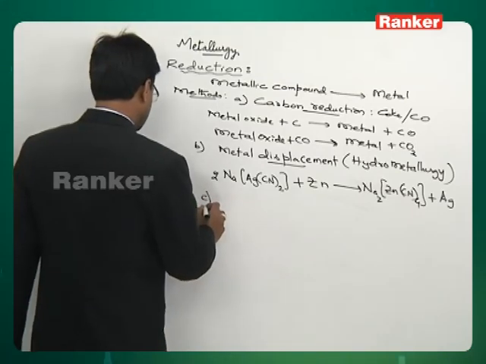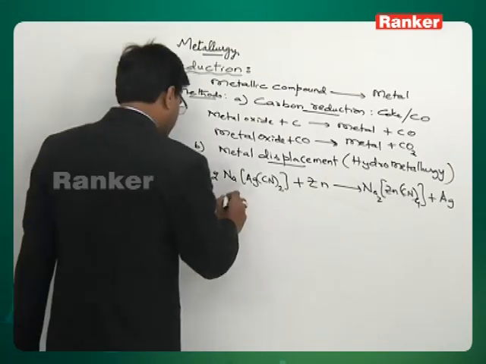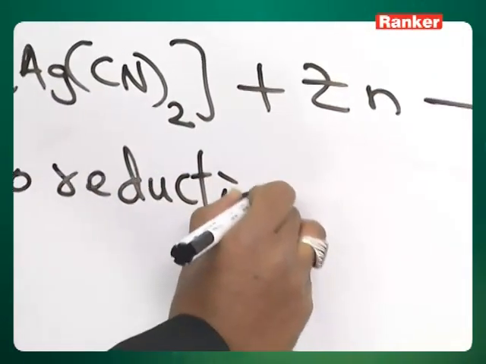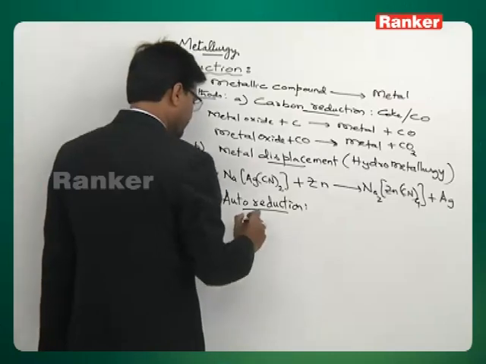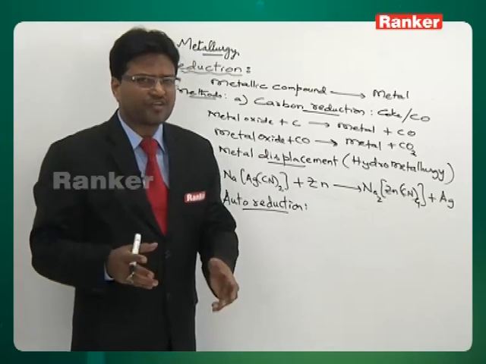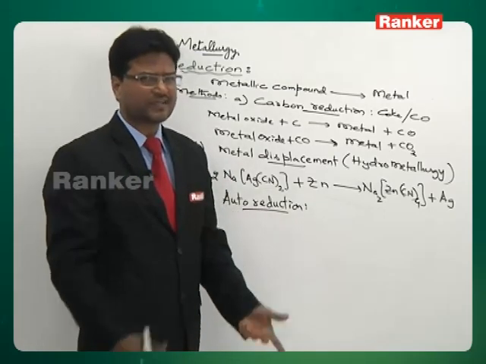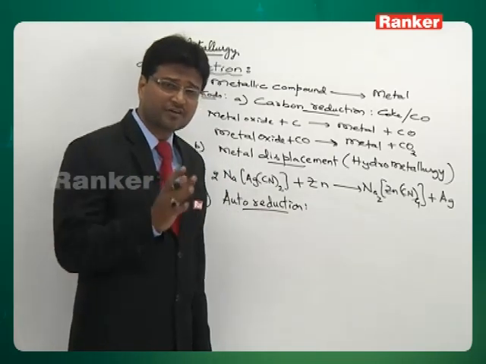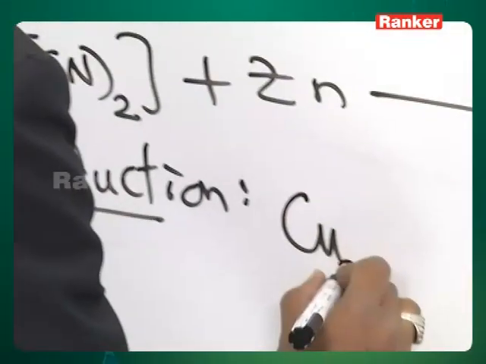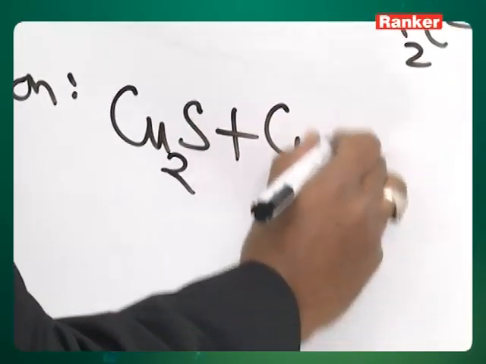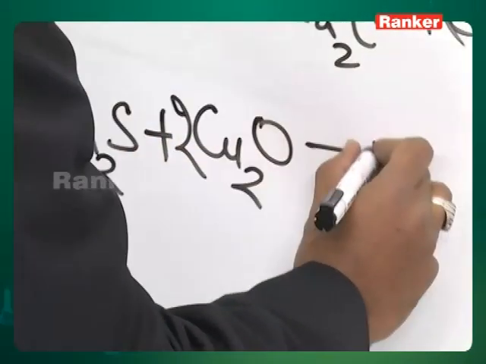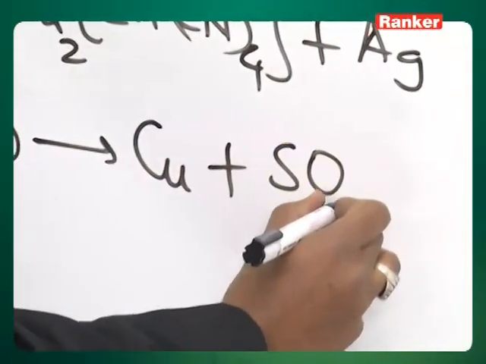You can also bring about auto reduction. In auto reduction, a metal sulfide will cause reduction of its own oxide. Look, copper sulfide plus copper oxide. If you mix these two substances, then you get copper plus SO2.